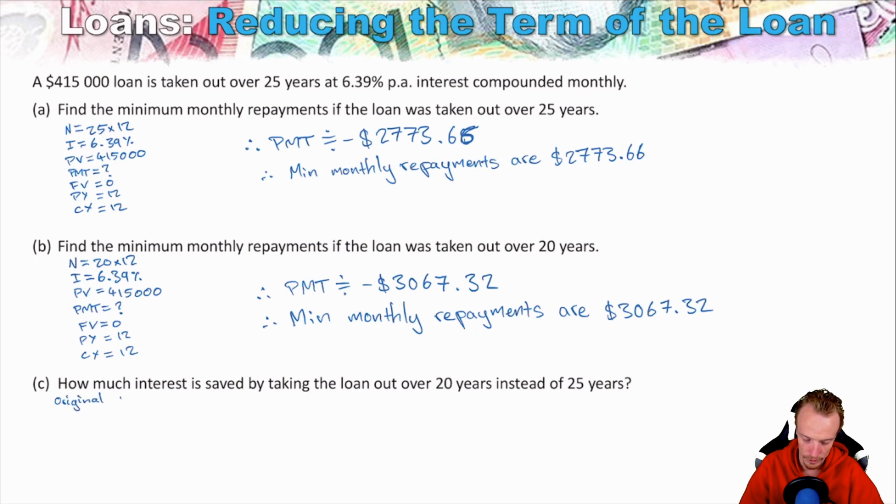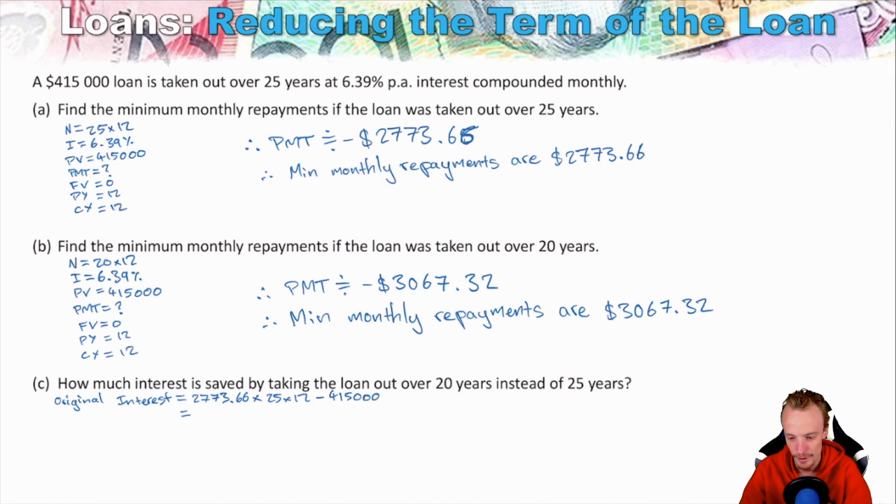So original interest. As I said, you can do this as one big long calculation, but for the sake of keeping it easy to follow, we'll just break it into smaller calculations. $2,773.66 by 25 by 12. Oh yeah, we're doing the interest, so I've got to subtract away my $415,000.